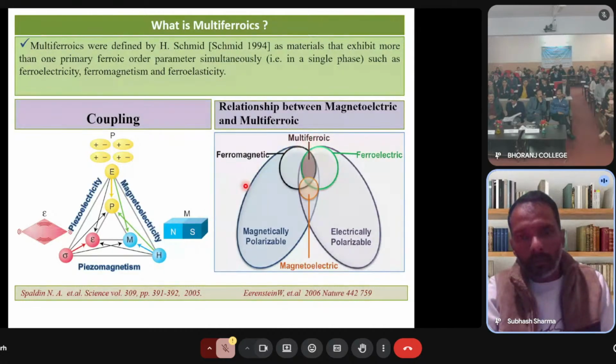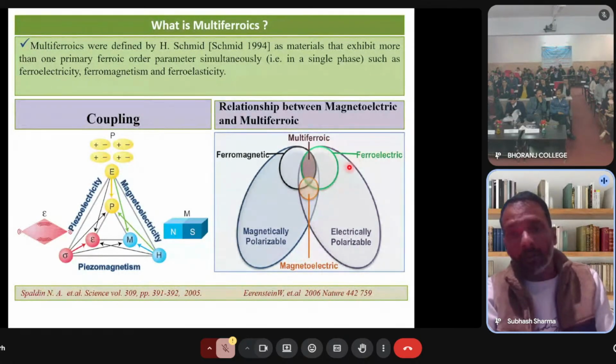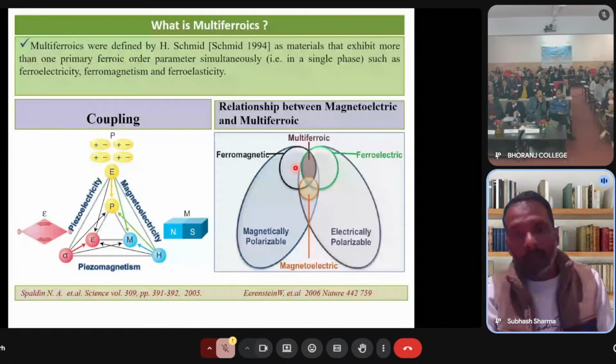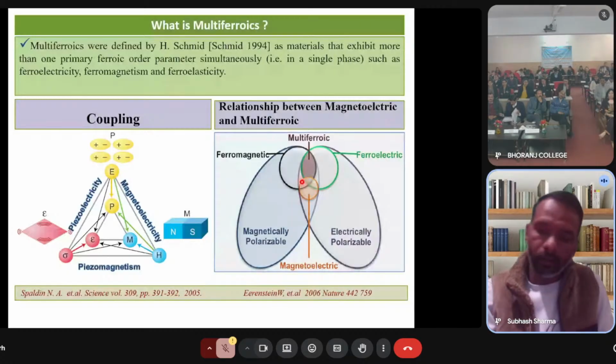Basically, you can see this Venn diagram. Broadly, we have two types of material: magnetically polarizable and electrically polarizable. Out of these, we have some ferromagnetic, ferroelectric, and very few multiferroic. And out of multiferroic, we have very few magnetoelectric.